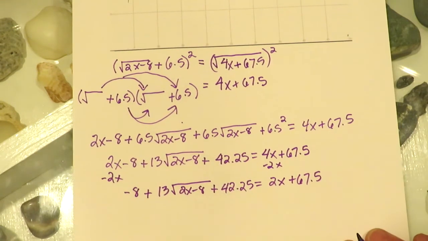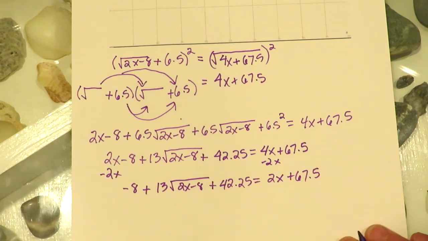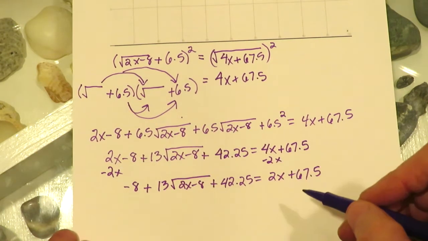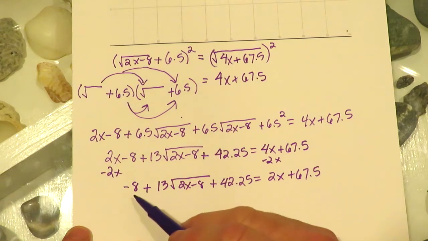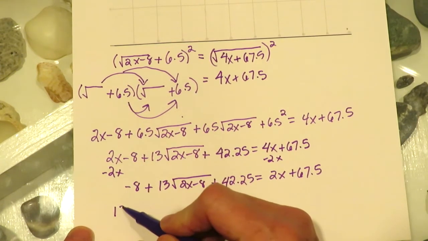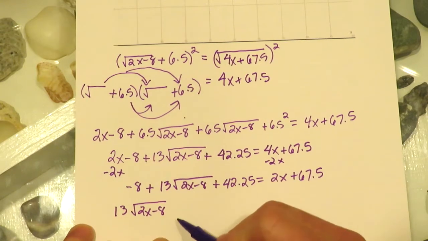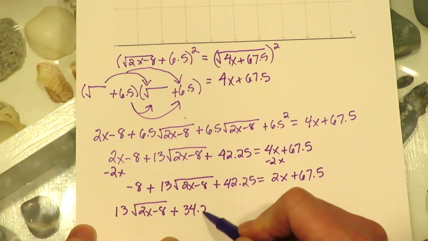Okay, so now I want to still collect like terms, so the negative 8 is like that 42.25, they're numbers, and the 67.5 is a number. Why don't we first combine the negative 8 and the 42.25, and you get positive 34.25.